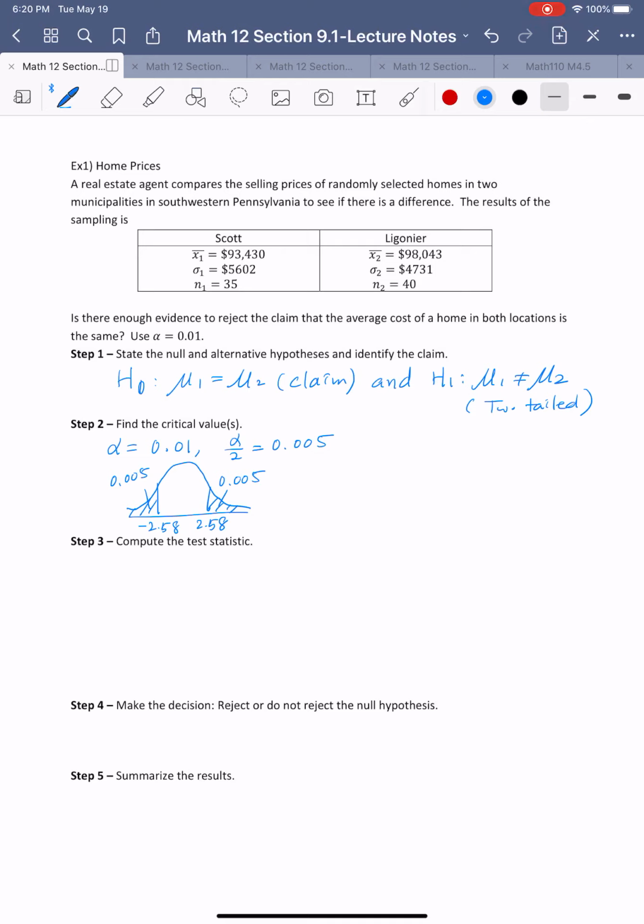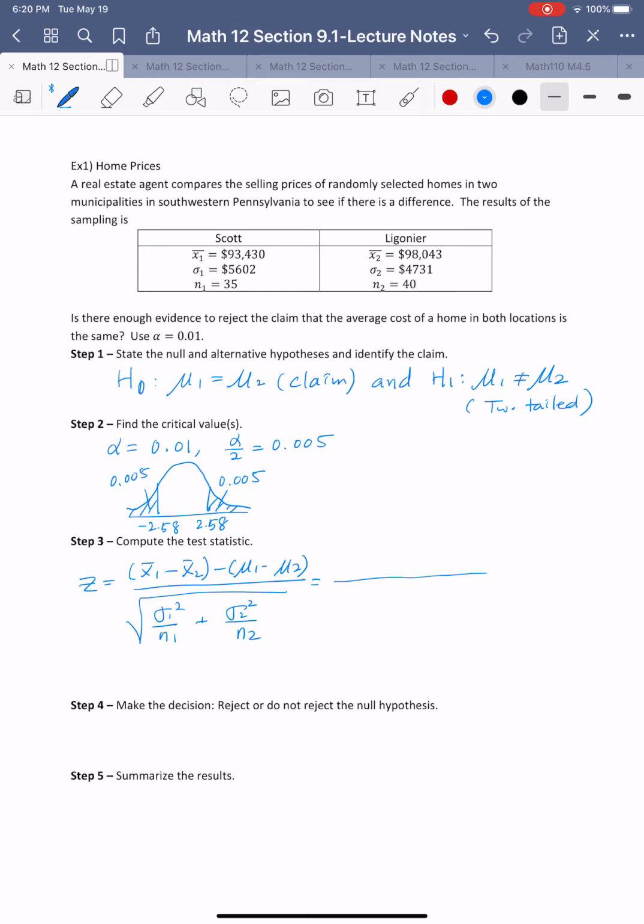Okay, so we compute the test statistic. z is equal to x bar 1 minus x bar 2, minus mu 1 minus mu 2, over the square root of sigma 1 squared over n 1 plus sigma 2 squared over n 2.